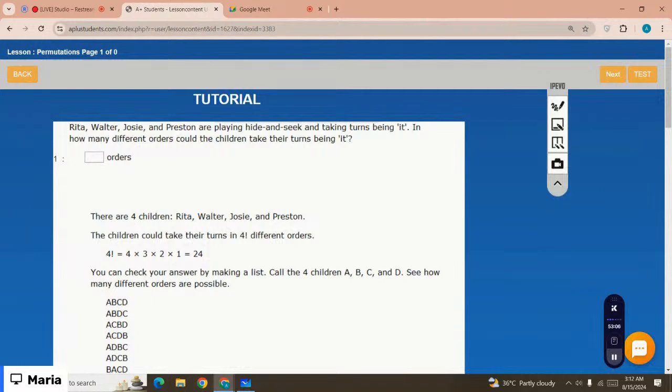Rita, Walter, Josie, and Preston are playing hide and seek and taking turns being it. In how many different orders could the children take their turns being it?